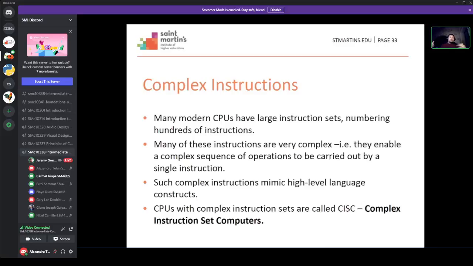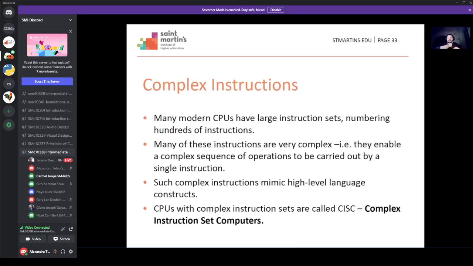All right? Obviously, having many of these instructions inbuilt into the CPU, hardwired, so that you can literally turn on a switch and compute that particular instruction, means that it is going to be very, very hard to design the overall architecture of that CPU.